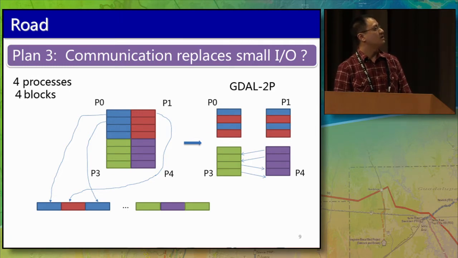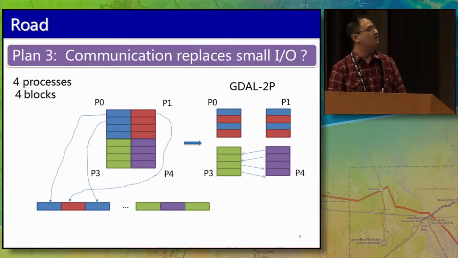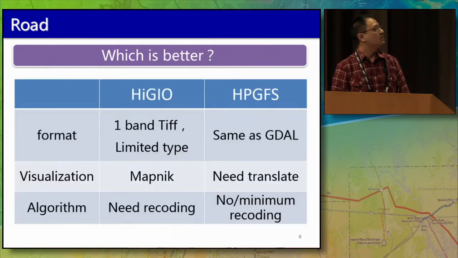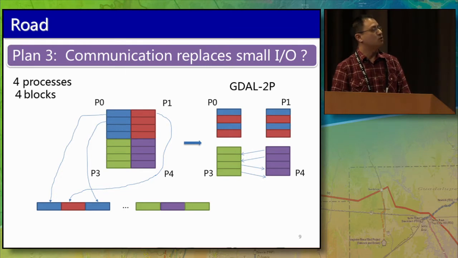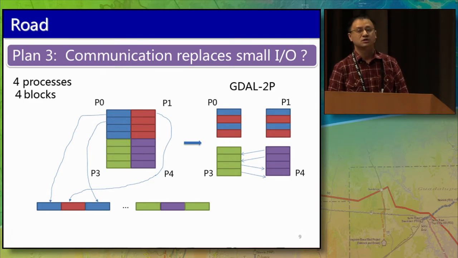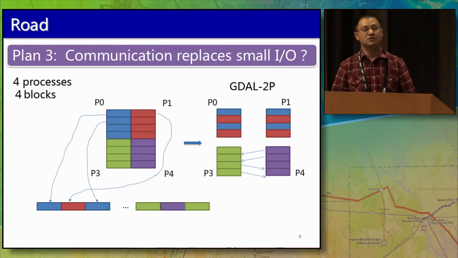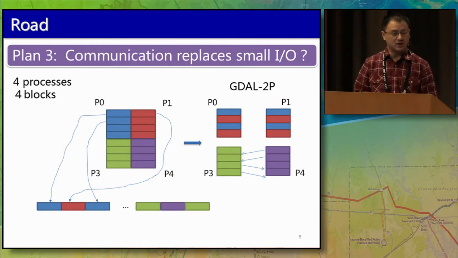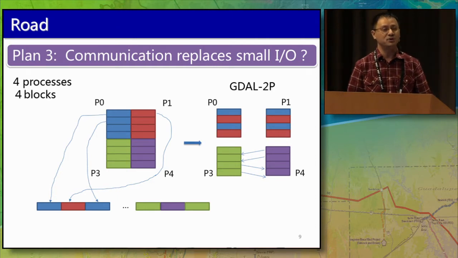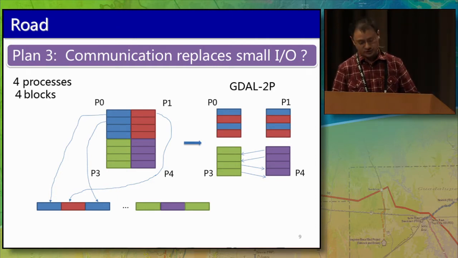For example, process P0 and process P1 exchange the blue and the red part. It represents different rows of the block. So we exchange the blocks between the processes and then write the block to the disk continuously. But the communication cost is increased.